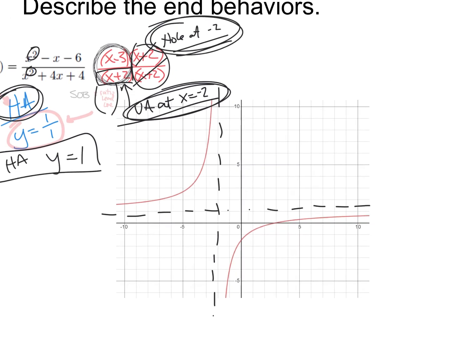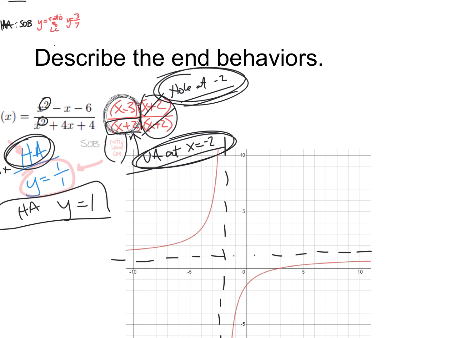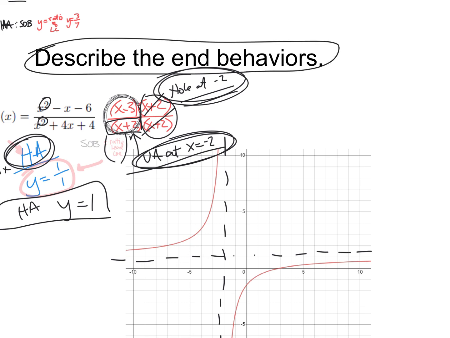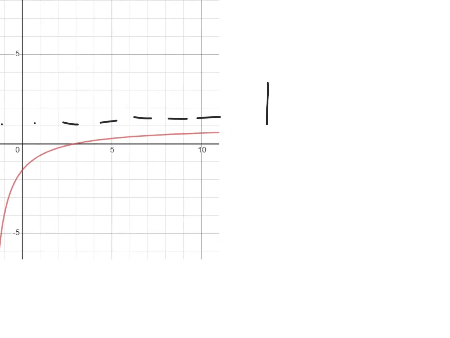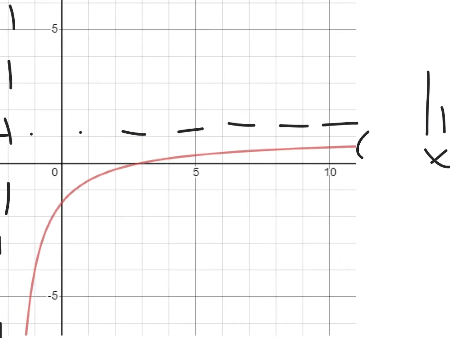Now, if I was going to describe the end behaviors, I actually wouldn't have needed to do all of this. Would you agree that I could describe this with a limit? The limit of the function as x approaches, well, if I go way to the right, I like my new way of doing this. This is headed towards what? If I extend it forever, would you agree x would be infinity?